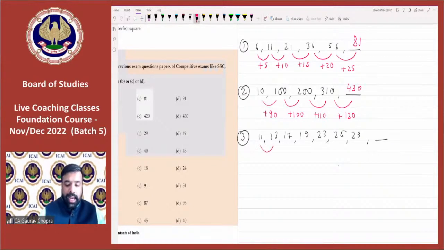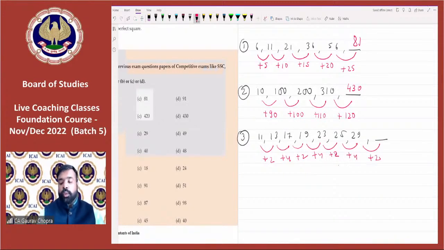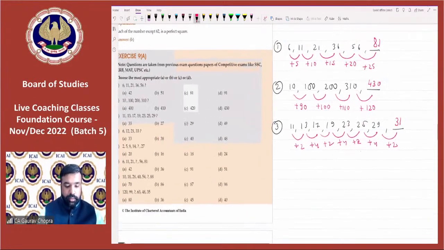So if you see the gap, we are having plus 2, plus 4, plus 2, plus 4, plus 2, plus 4. Then the next number should be plus 2, that is 31. So the option should have 31.